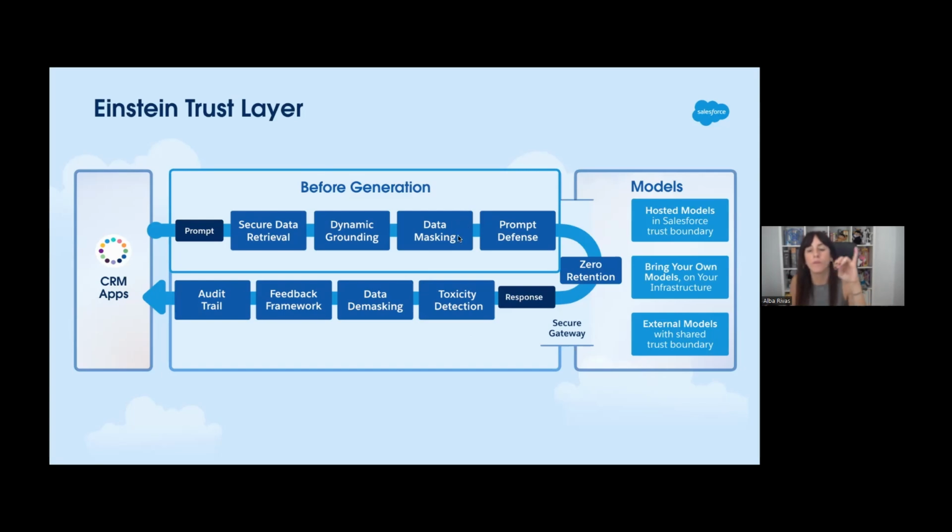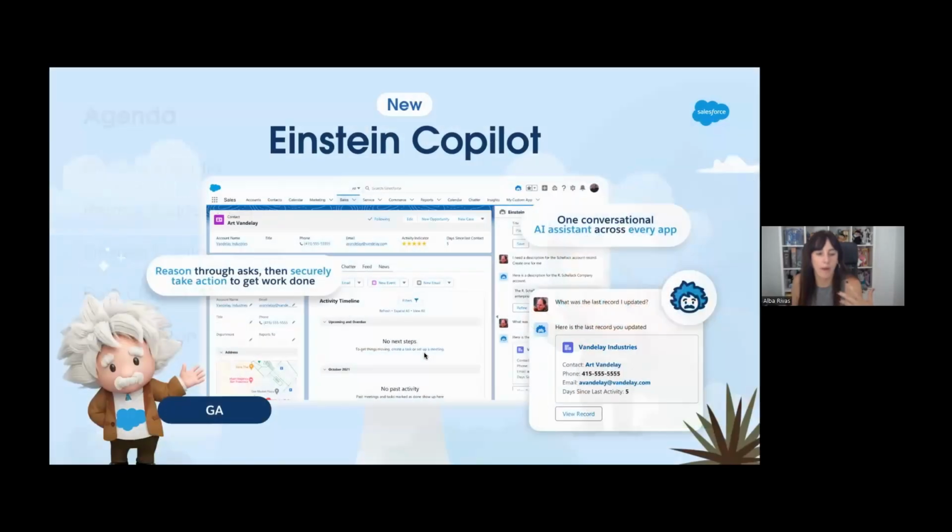We mask the sensitive data, for instance, and we add some instructions to the prompt so that the model returns good data that uses proper language and doesn't include hallucinations, because models sometimes invent things and we don't want them to do that. And then we have zero retention agreements with the model providers, OpenAI, Azure, and so on, so that they don't keep the data.